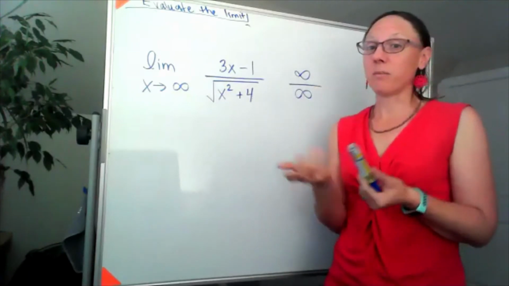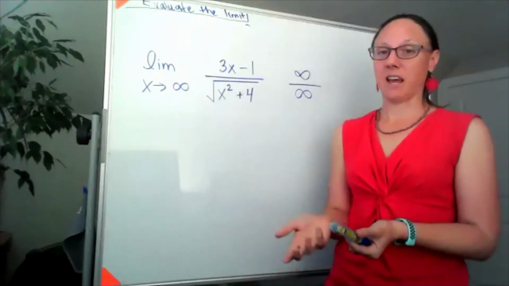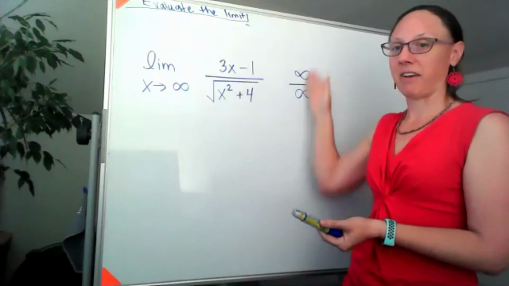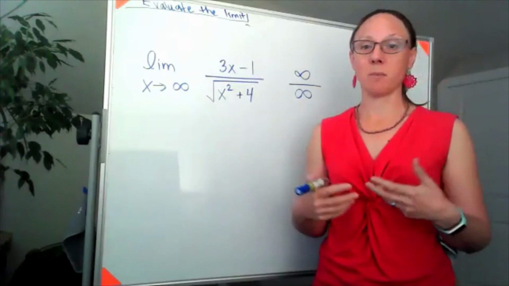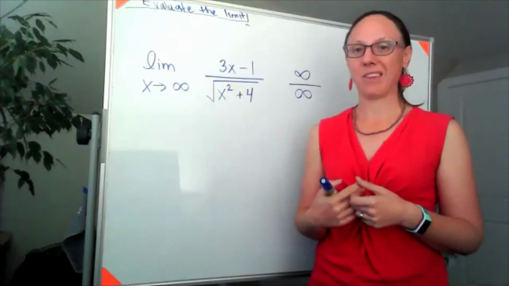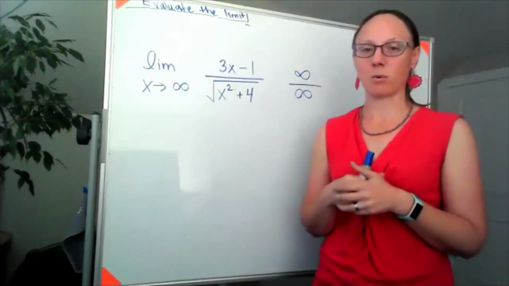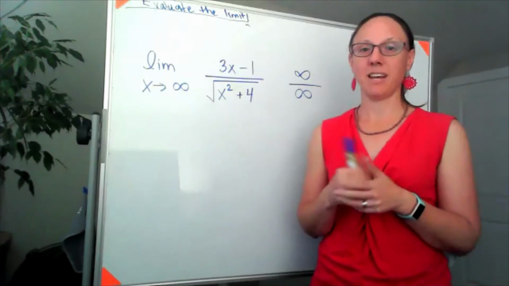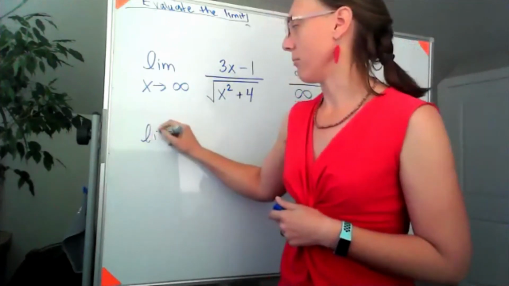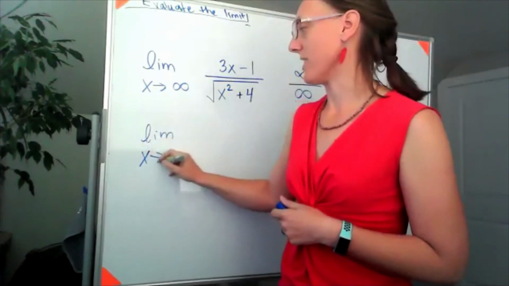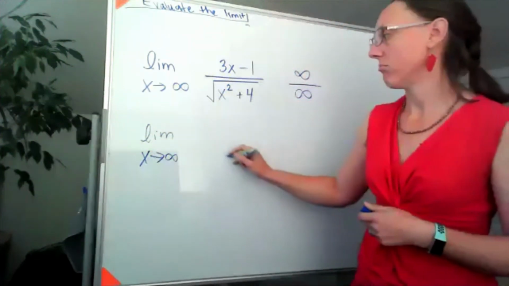So the thing that we've been using is to say, well, if I get infinity over infinity, I'm going to divide by the largest power in the denominator. And I know some folks were saying that the square root was throwing you off, and I agree. So I'm just going to divide by the largest power that's inside of that square root.